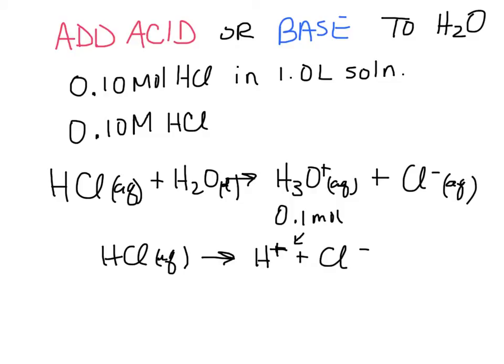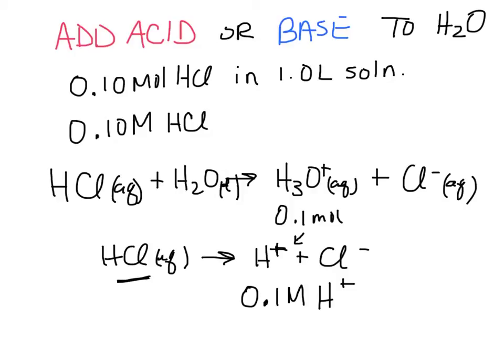So the concentration of the hydrogen ion is 0.1 molar. So that's going back to understanding complete ionization and ionic compounds, and we talked about that in a different video. So we have 0.1 molar as our concentration of hydrogen ion from the hydrochloric acid.